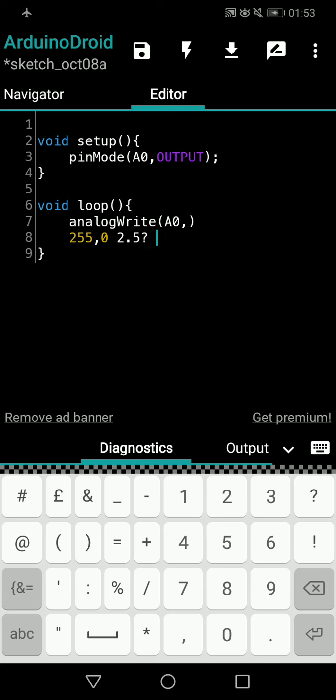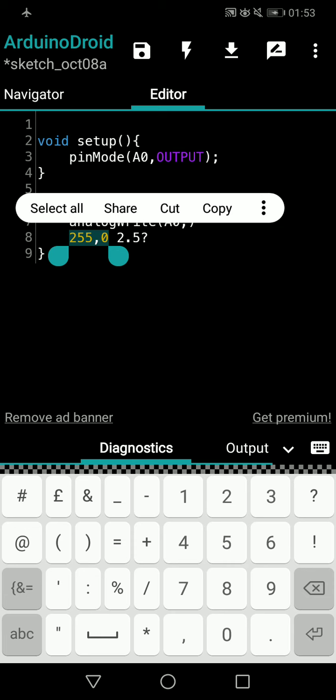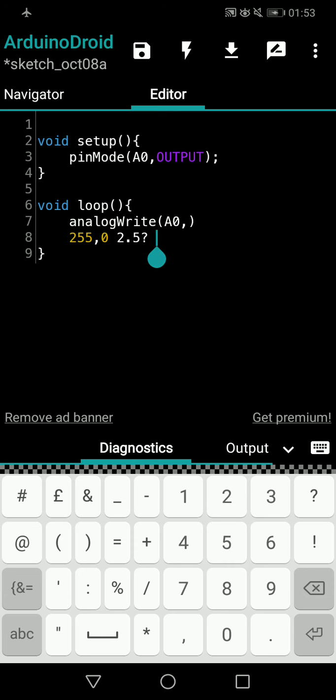Okay. Since 256 units, 0 to 255, is 5 voltage, then 128, that means half of the 256 units, will be 2.5 voltage. Since it starts from 0, the end of the 128 values will be 127. If it started from 1, we could say 128.